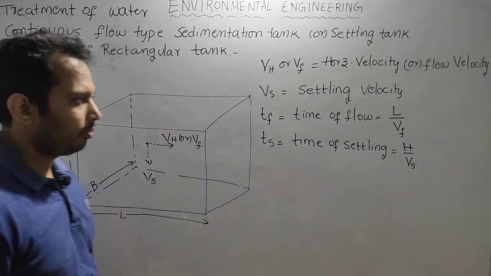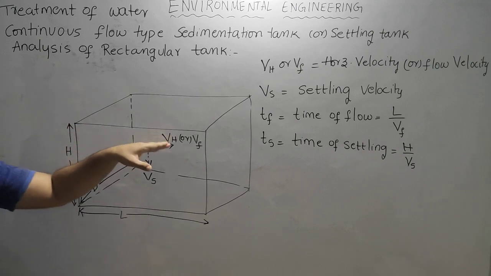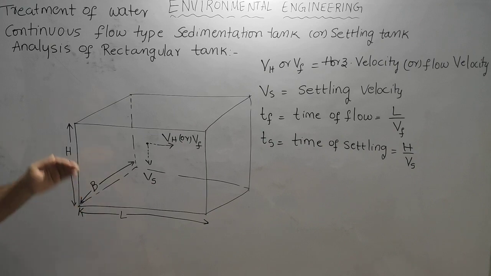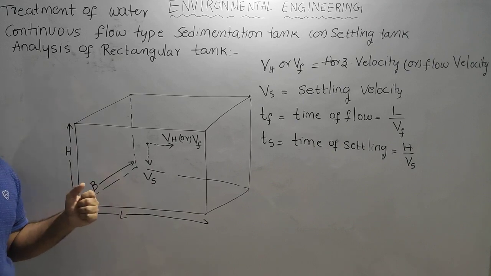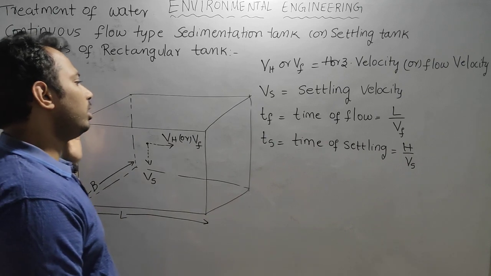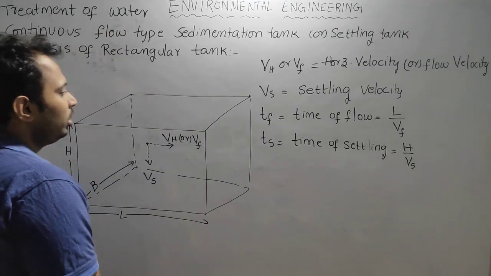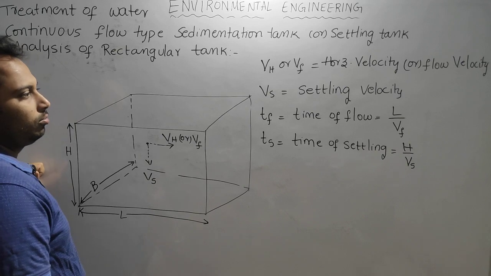When a particle enters into the sedimentation tank, two velocities are acting on it. One is the flow velocity, one is the settling velocity because of its weight. The particle needs Tf time to cover the path along the length, and it needs Ts time to cover the path along the depth.